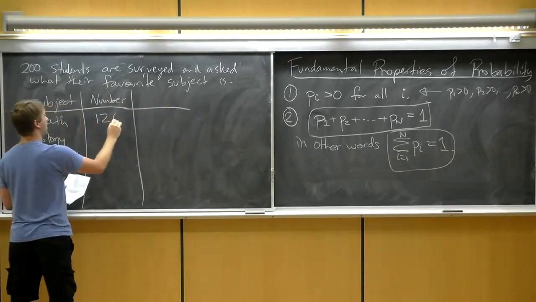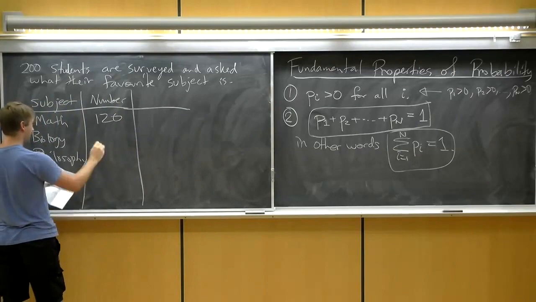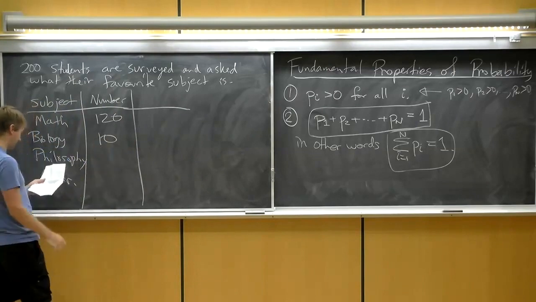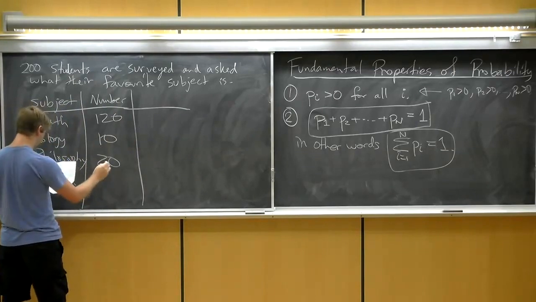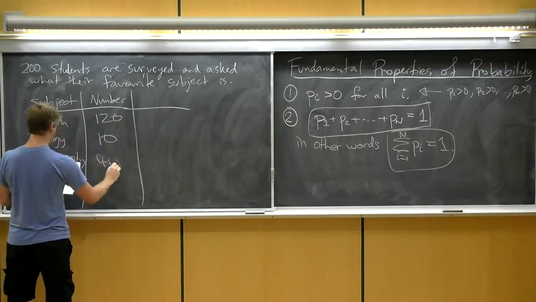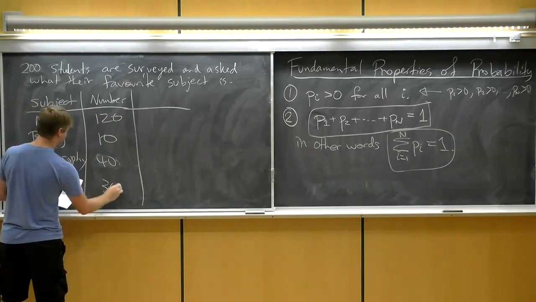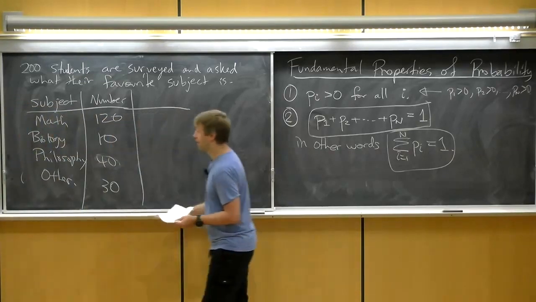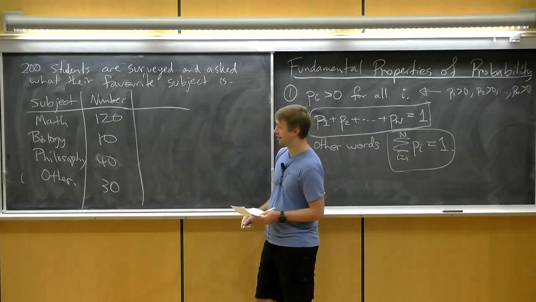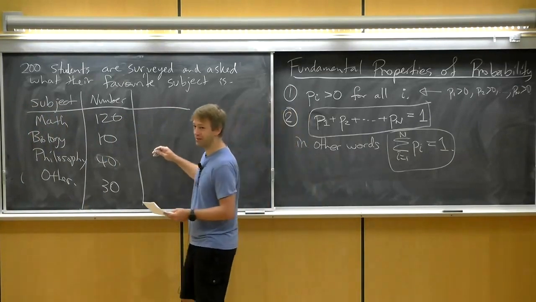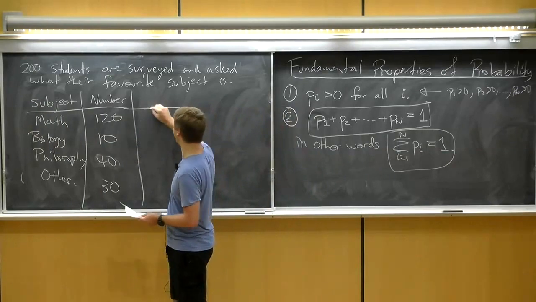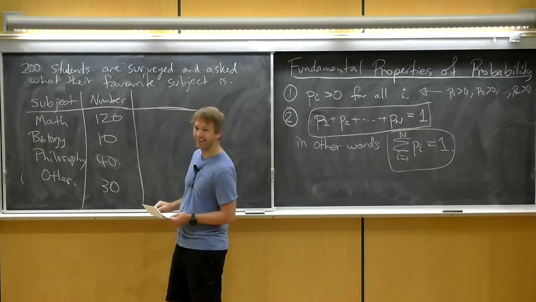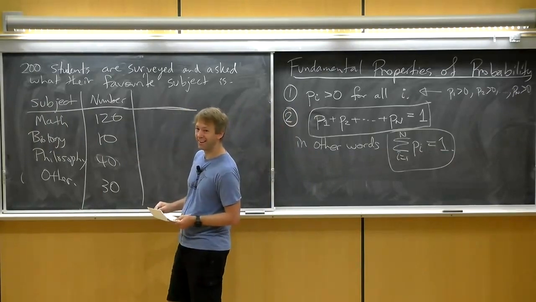Obviously, math is very popular, 120. 10 for biology, let's say 40 for philosophy, and 30 for other. I'm not that big of a fan of biology. Maybe some of you are.